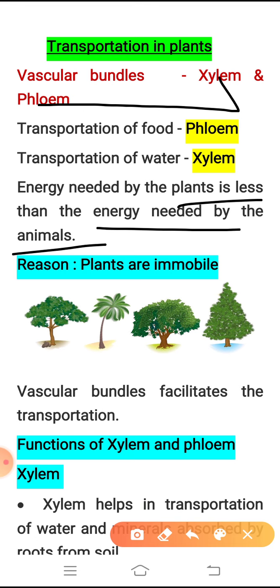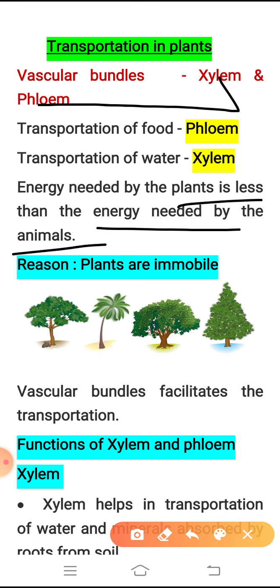Even though plants require less energy, transportation is happening. The transportation in plants has to carry both food and water to various parts of the plant. Even if the transportation is slower, it is not a big issue, but it should reach the various parts of the plant.